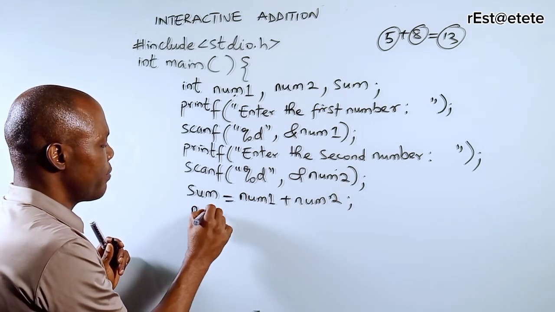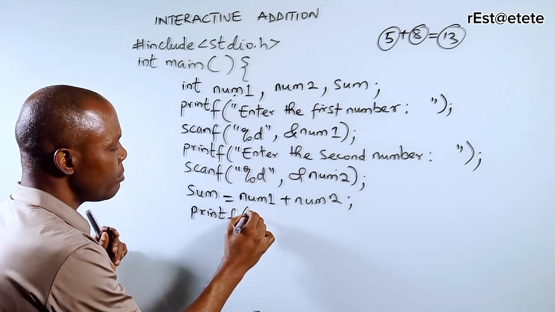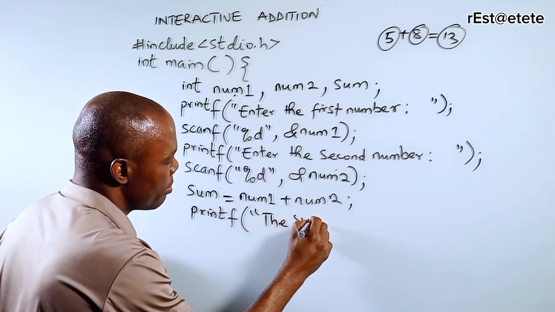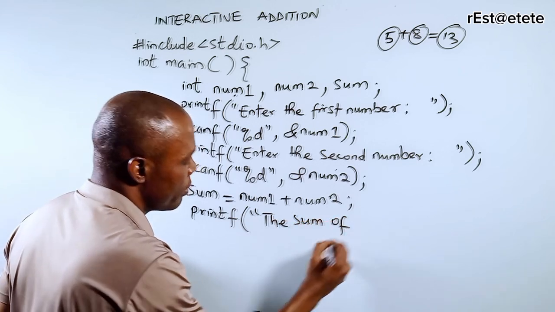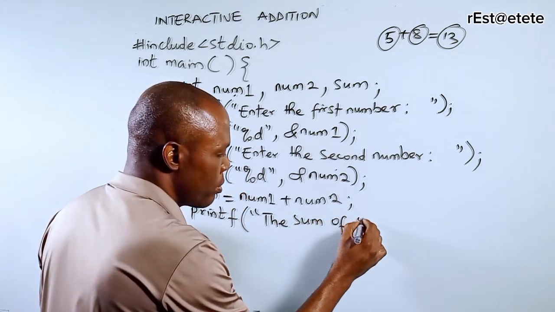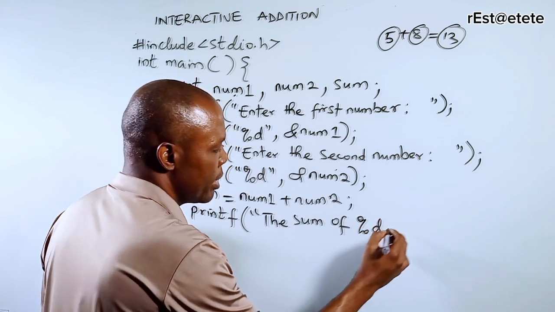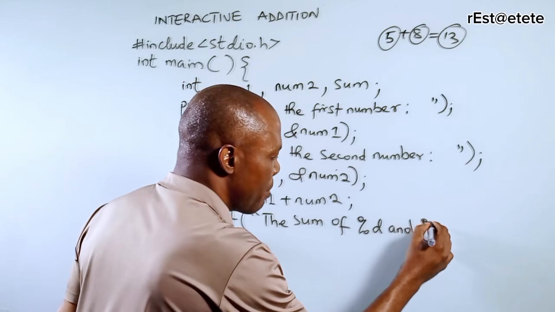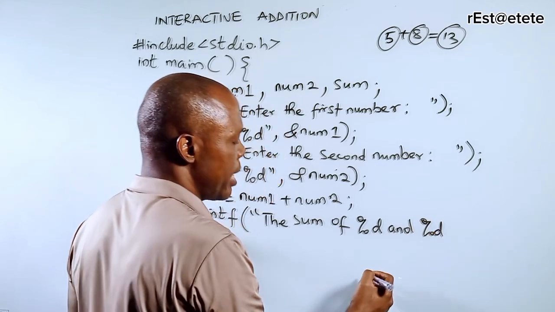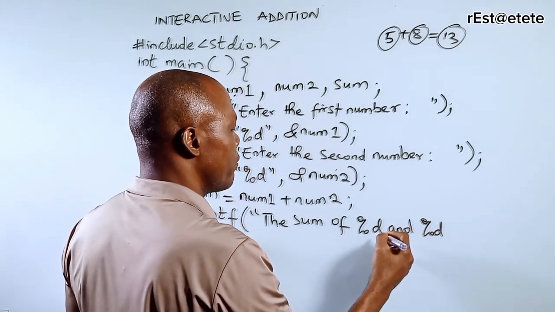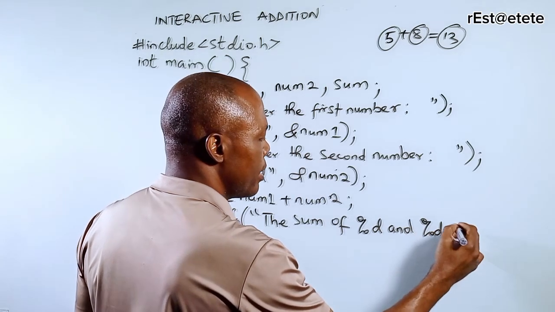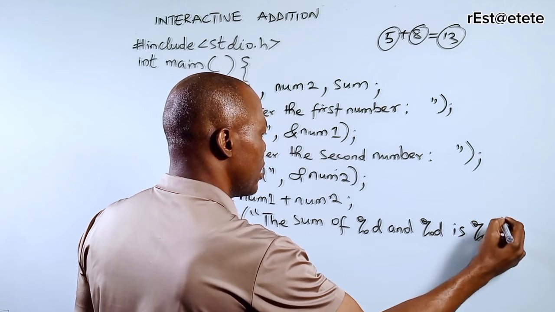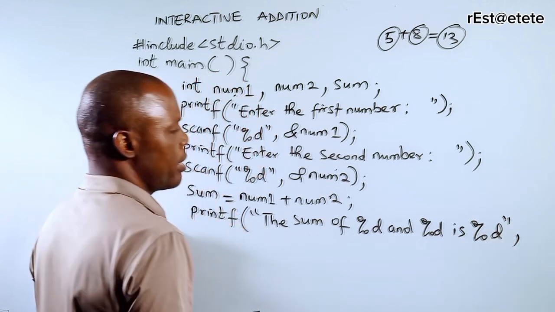Then printf, I'll print out the sum of the first number, so %d, and the second number, another %d, because they are integers. The sum of this and this is another %d.